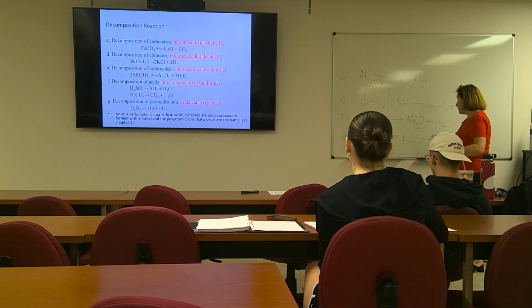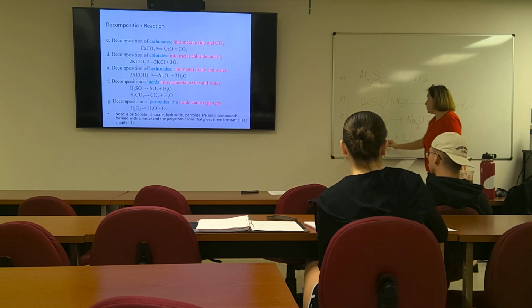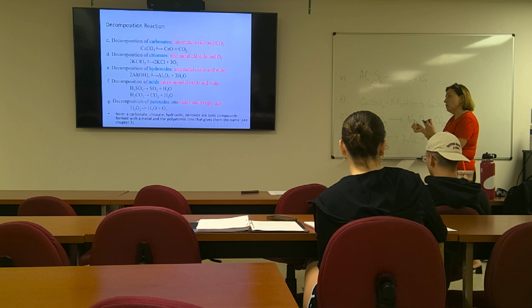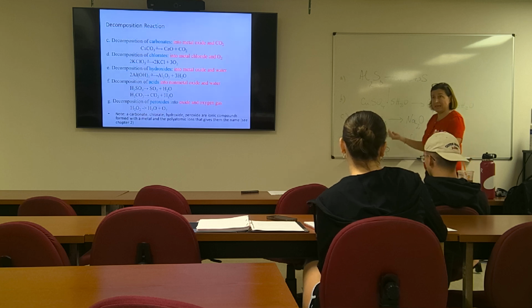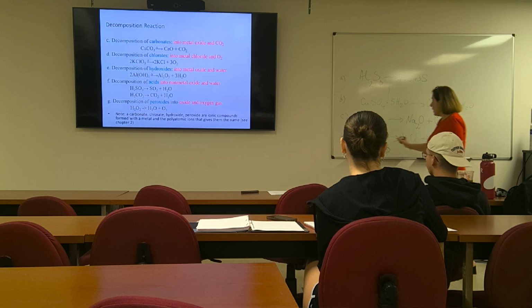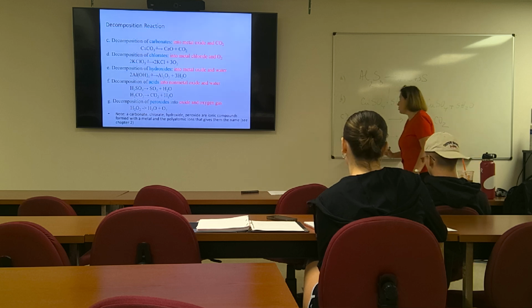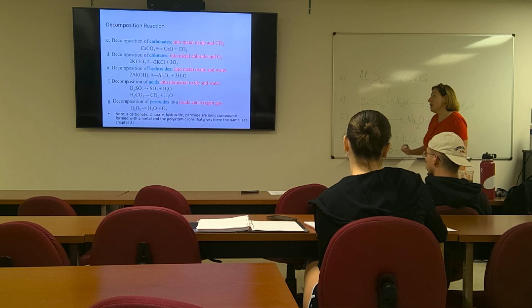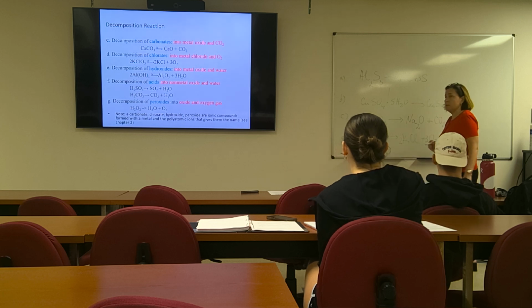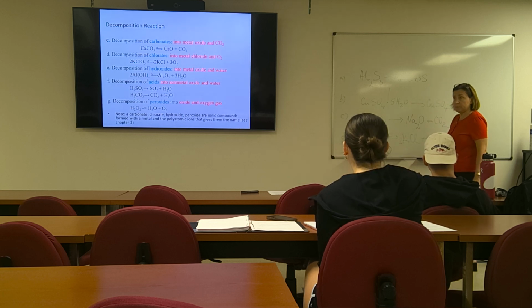Balancing for this, potassium and chlorine are good. Oxygen, you have a 3 and a 2 here. How do you reconcile a 3 and a 2? By going for 6, right? So I'm making 6 oxygens here by multiplying by 3, and I'm gonna go for 6 oxygens on the potassium chloride side by multiplying by 2. That messes up my potassium and chlorine, but I can fix that by multiplying this by 2.